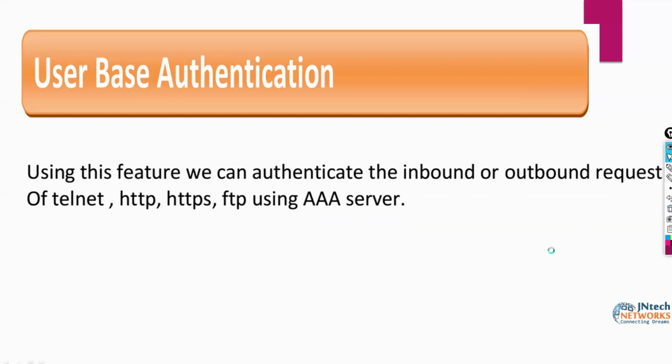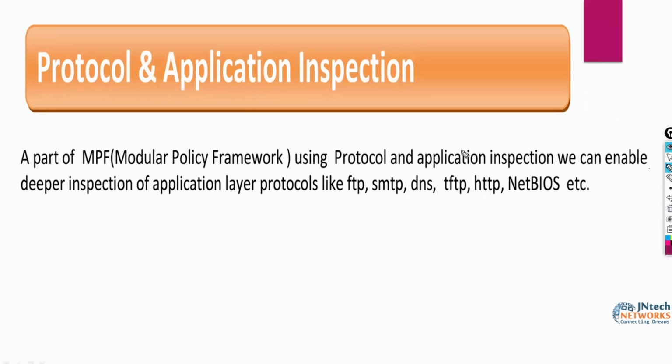Now we can focus on protocol and application inspection. The Cisco ASA firewall is not a next generation firewall, but yes, it can inspect the protocol and application, but not in depth.